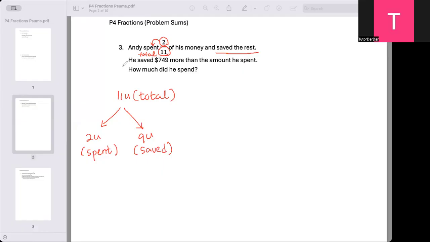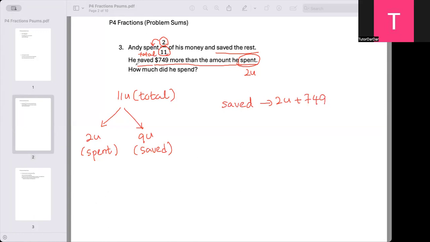Now, let's read this second sentence. He saved $749 more than the amount he spent. We know that the amount he spent is 2 units. So they say he saved, so saved is equal to 2u plus $749.